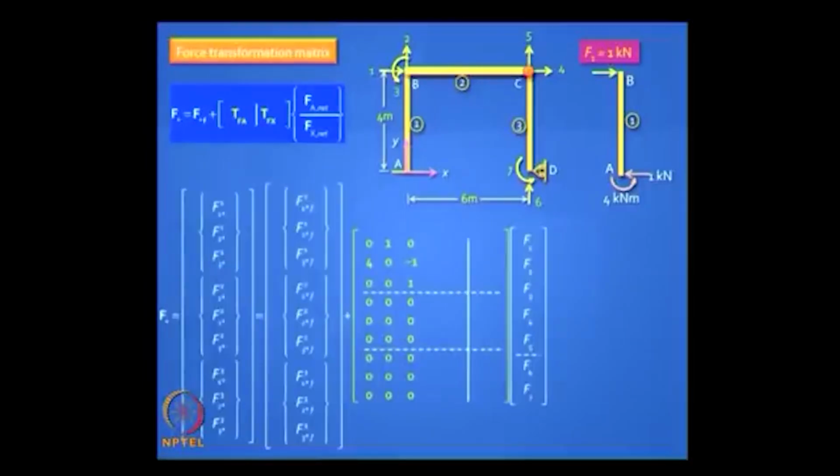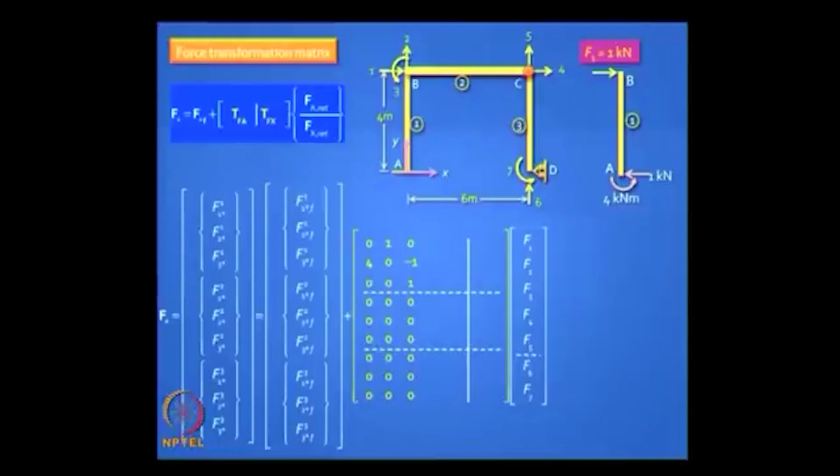So I am going to demonstrate here how to generate the force transformation matrix. F star is F star F plus TFA times FA net plus TFX times Fx net, right? We will work out that FA net, Fx net later after we handle the fixed end forces, but right now our task is to write down TFA and TFX.